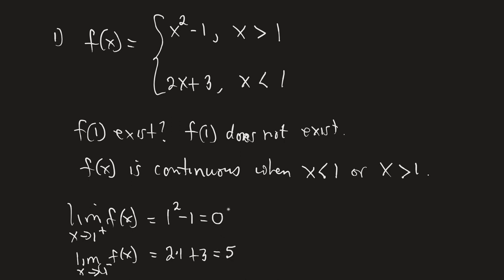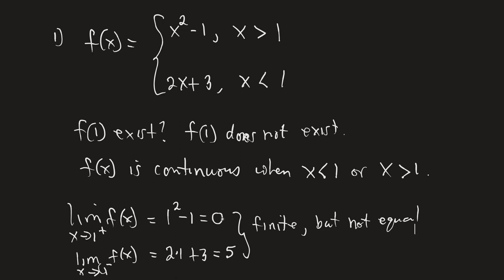So because both of these, so two things we can say, both of these are finite. In other words, these are actual numbers. They're not plus or minus infinity, but not equal. That's the definition of a jump discontinuity, right?